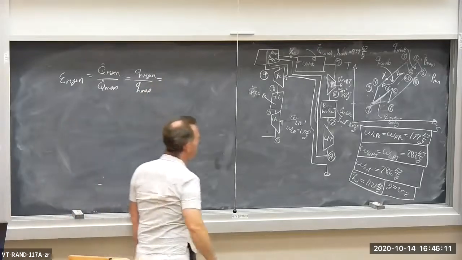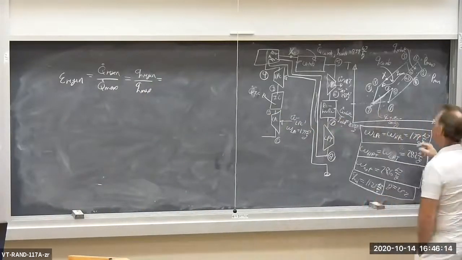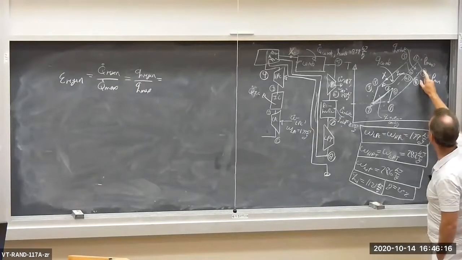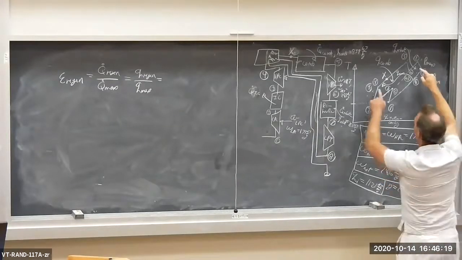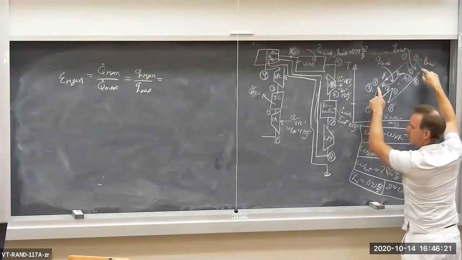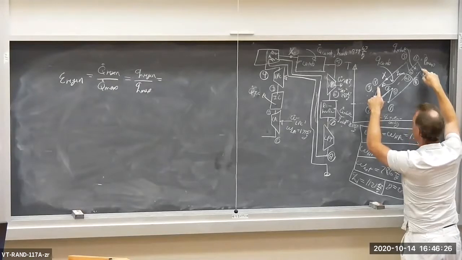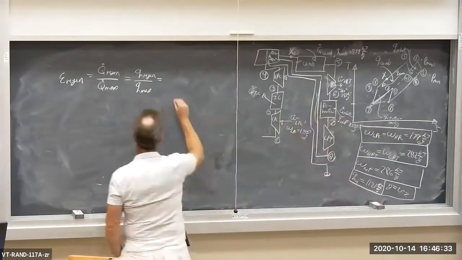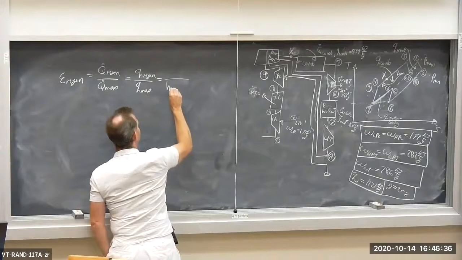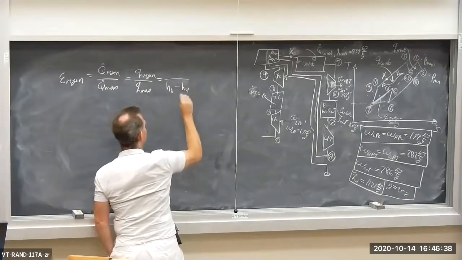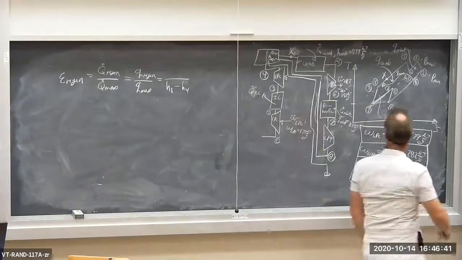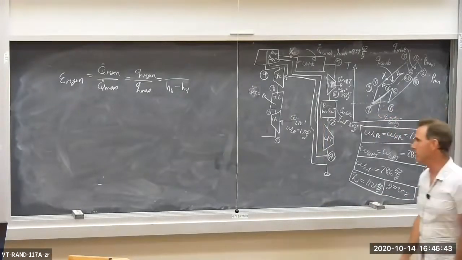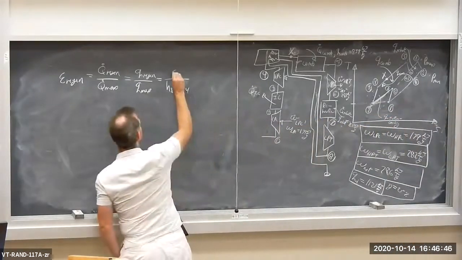Now the maximum heat transfer is the difference in temperature between state 4 and state 8, the high pressure compressor exit and the low pressure turbine exit. So the maximum is H8 minus H4. That's my Q max. That's the maximum possible heat transfer. Okay?